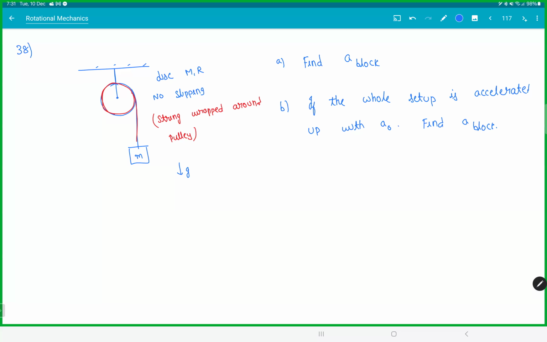Yeah, 2g by 3 for the first one. Let's see.